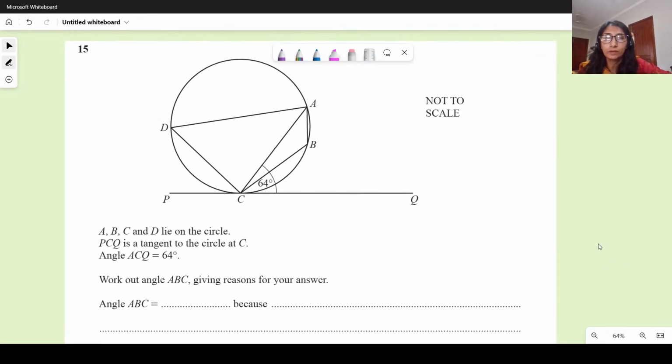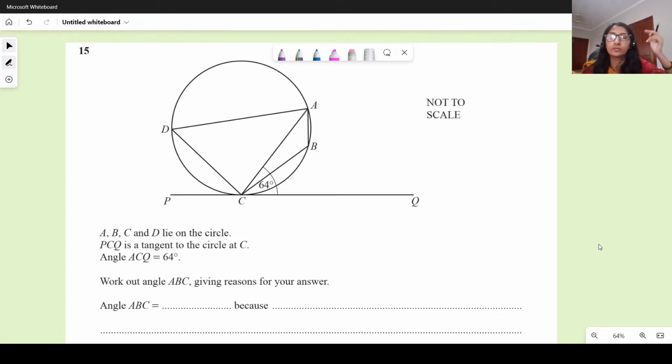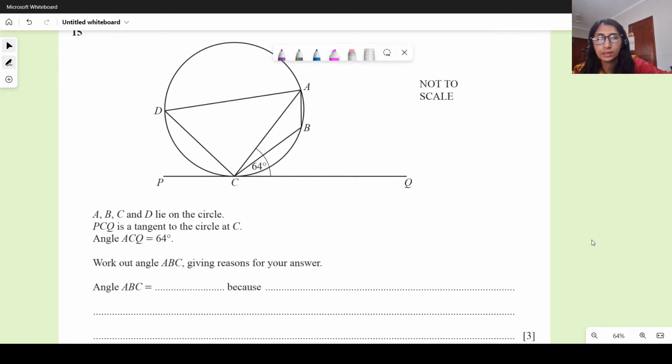Okay, we have to find the angle ABC, give reason for your answer. So ABC is this angle. First thing I'm observing in this question is alternate segment theorem. If you have a chord, sorry, I used the wrong word, here's a chord and here's a tangent.